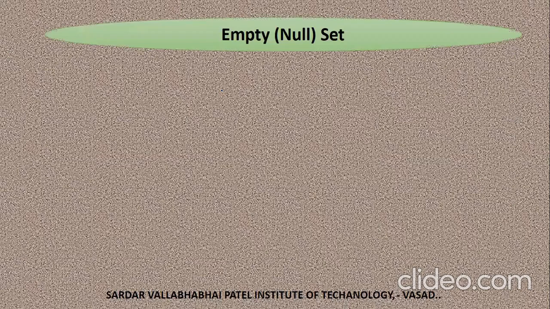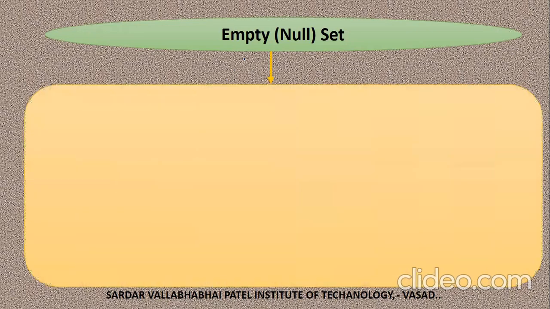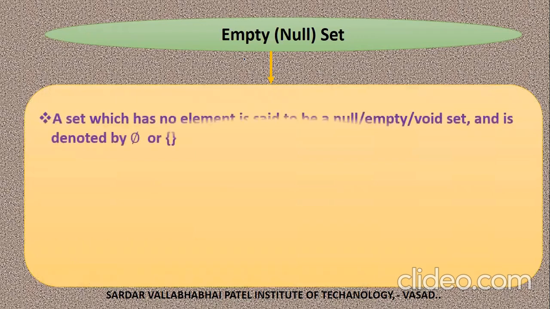Now next, the null set, or empty set. So what is the null set? A set which has no element is said to be a null set, empty set, or void set, and it is denoted by phi.